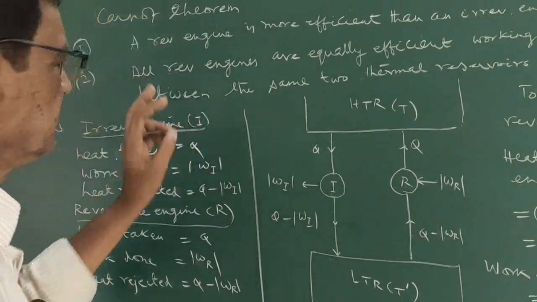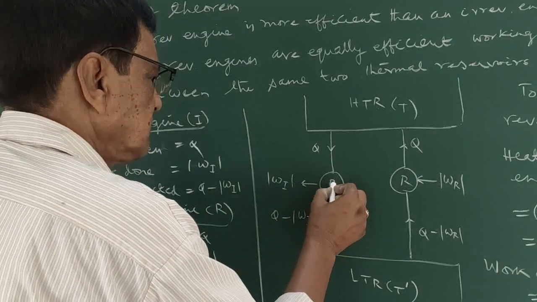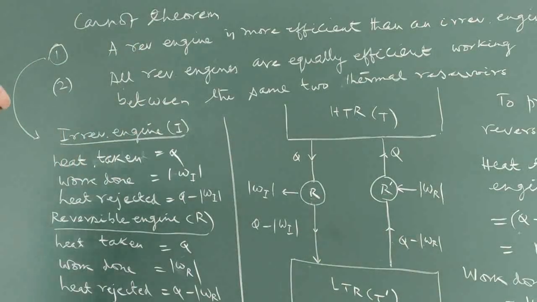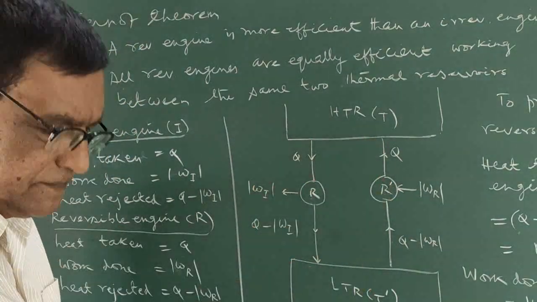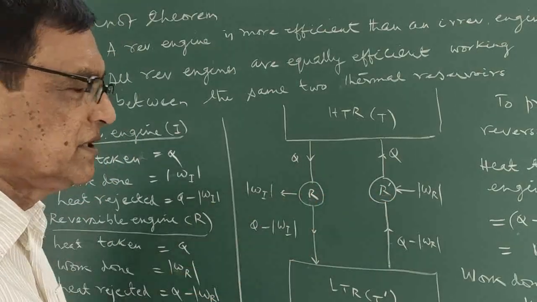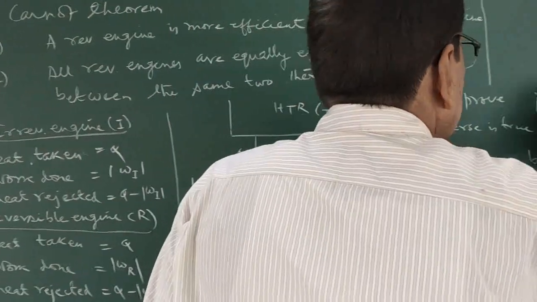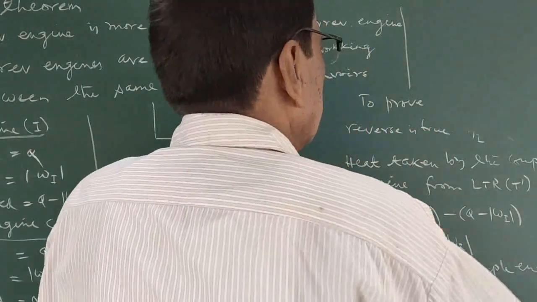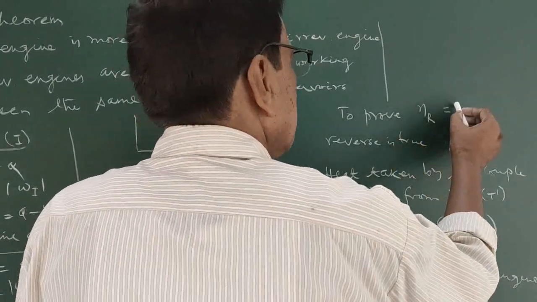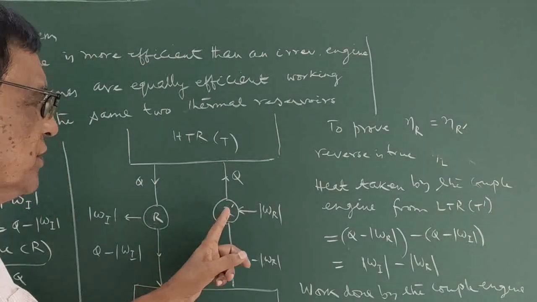Then the second one, suppose this one is R and this is R dash, and the same amount of heat is given to both. Both are reversible engines, and here I shall have to prove that the efficiency of this reversible engine is equal to the efficiency of this reversible engine.